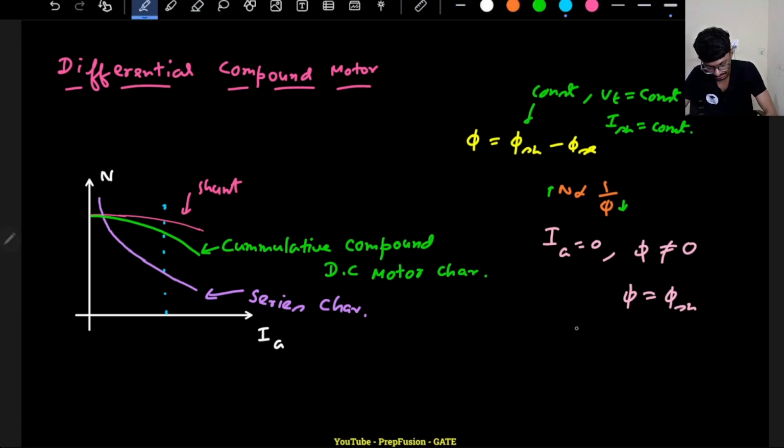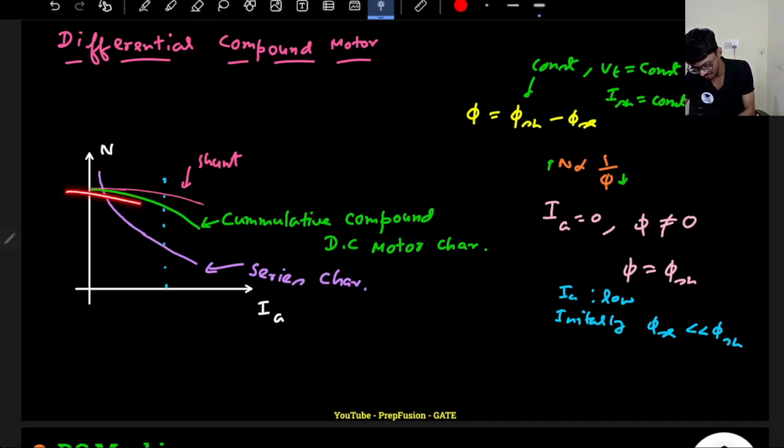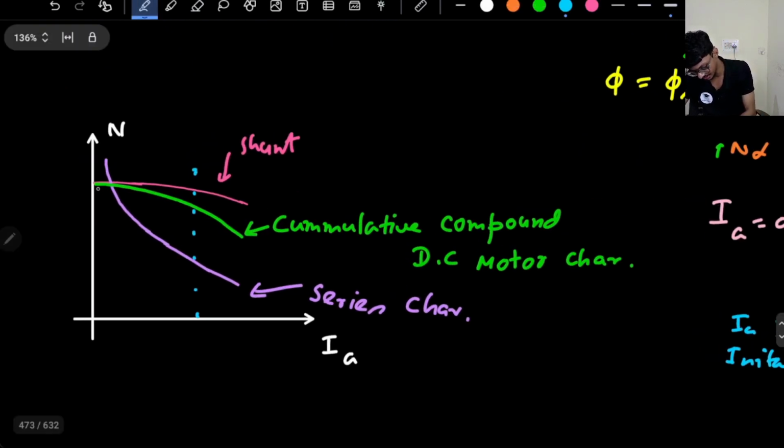Initially, phi ac is very low compared to phi sh, when my Ia is low. Hence it will just behave like a shunt machine. In a shunt machine the speed reduces, so this also will reduce its speed, but it will reduce more. Why will it reduce more?